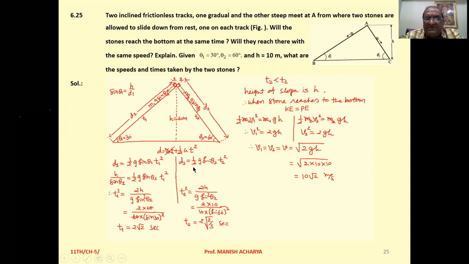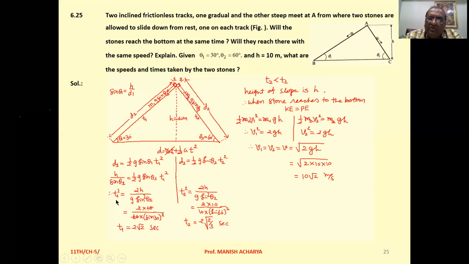Now similarly we can write d2 equal to half g sine theta 2 t2 square. But see, sine theta is opposite upon hypotenuse. So hypotenuse is opposite upon sine. So we can write d1 is h upon sine theta 1, that is equal to half g sine theta 1 t1 square.